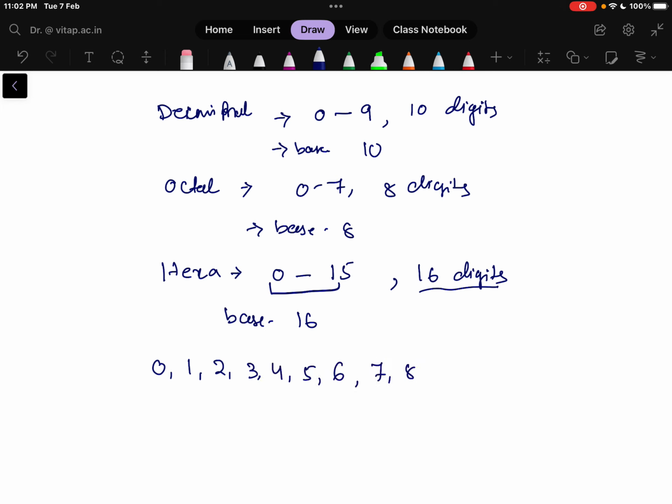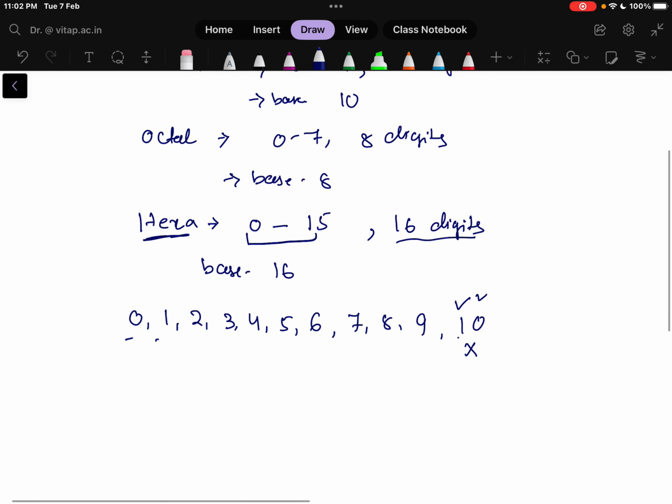After 9, ideally in the decimal number system we know that a 10 will come, but for the hexadecimal number system, after 9 I need 6 more symbols to represent. So here I cannot write 10, it will be wrong for the hexadecimal number system. Why? Because 10 is not a digit, 10 is a combination of two digits, 1 and 0, which we have already written here. So 10 cannot be used.